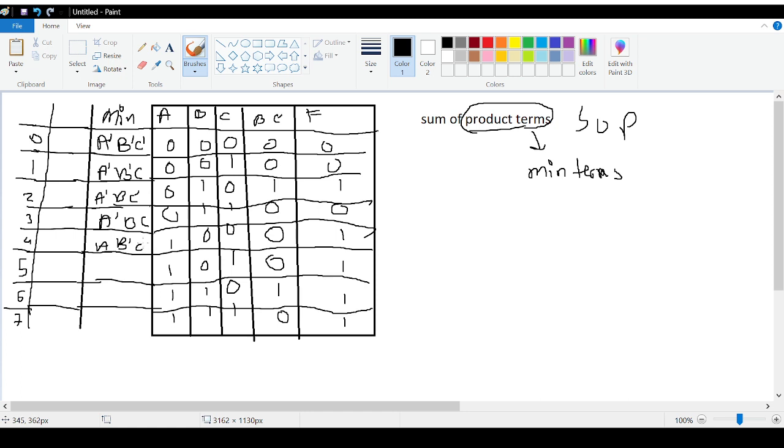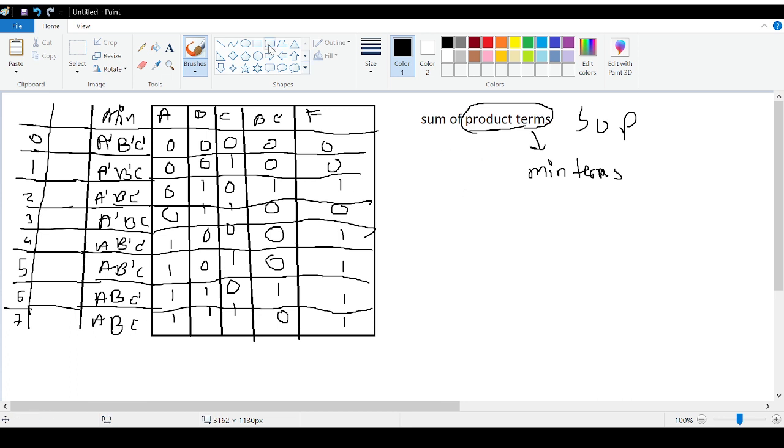A, B bar, C. A, B, C bar. And the last one is going to be A, B, C. Okay, so I've written all the min terms.